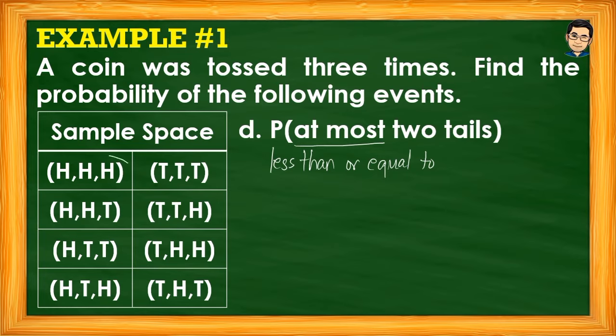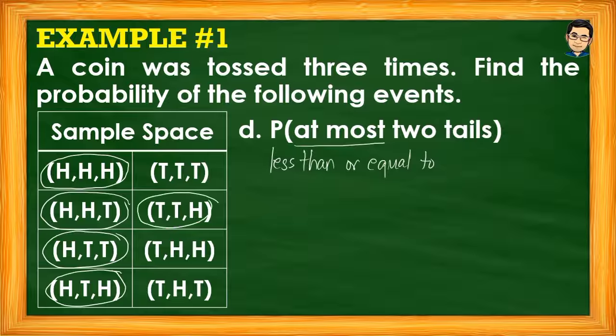Yes. Ano pa? Ito. Isa. Dalawang tail. Isang tail. Tatlong tails, hindi po yan kasama kasi humigit na po sa dalawa. Ito kasama. Ito din kasama. At ito. So, bibilangin natin yan, meron po tayong 7. So, that is 7/8.